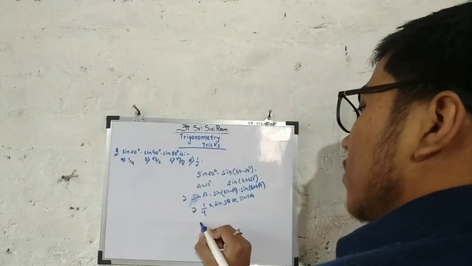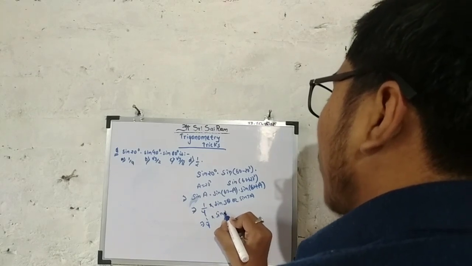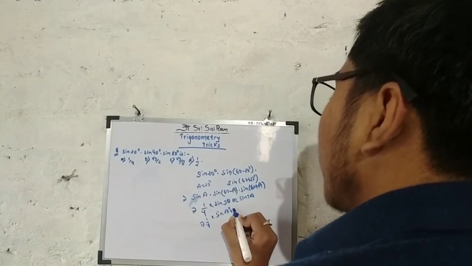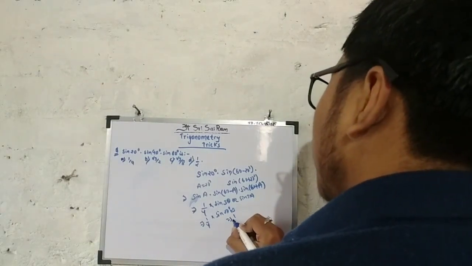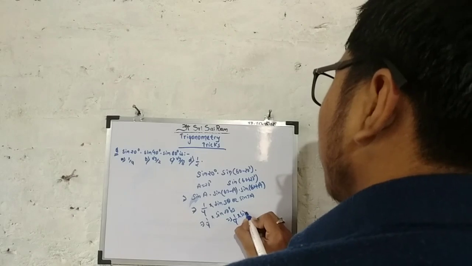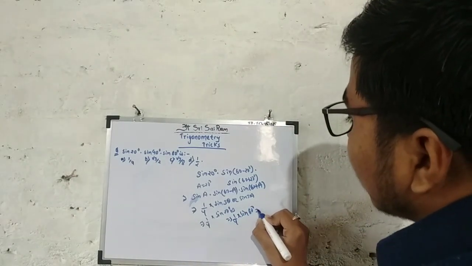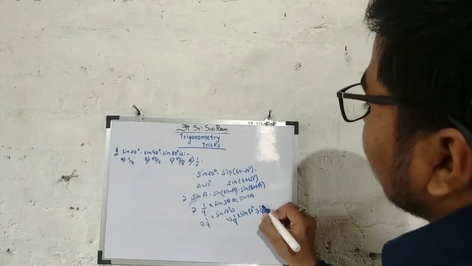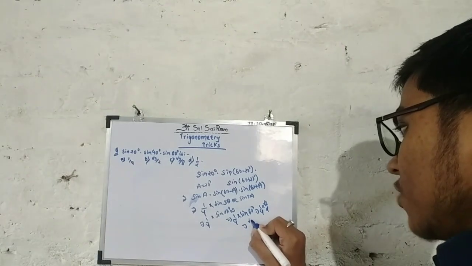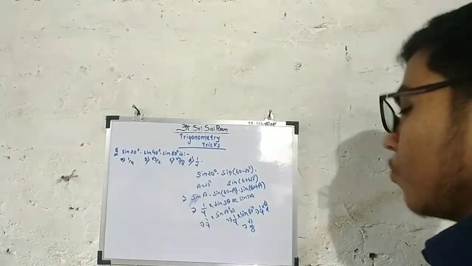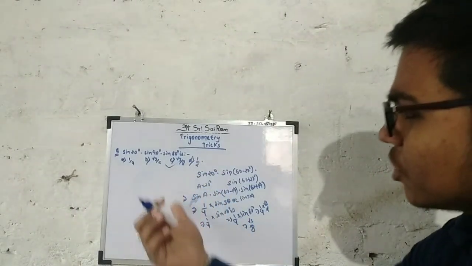Here A is 20 degree, so 1 by 4 into sine of 20 degree into 3, which is 1 by 4 into sine 60 degree. Now sine 60 degree is root 3 by 2, so 1 by 4 into root 3 by 2, which gives root 3 by 8. So C is the answer. Look how easily you would have done it.